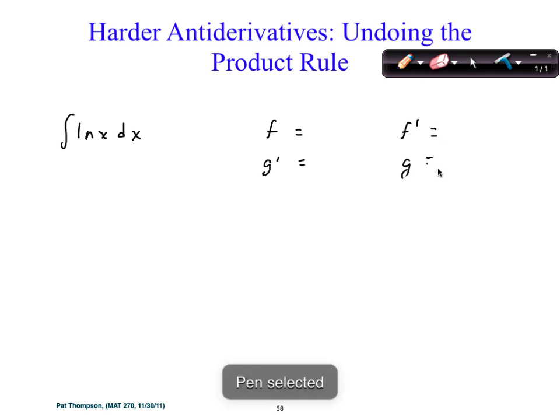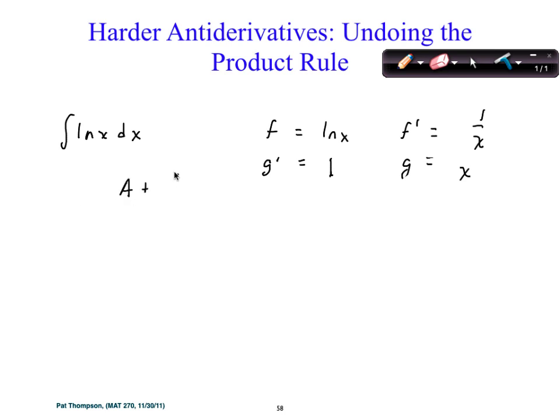Is to make it f. Derivative is? Okay. So then what would g prime be? Right, 1. 1 times ln of x gives you ln of x. Then g is? x. Here we go. So we're going to have a plus integral 1 over x times x equals f times g.